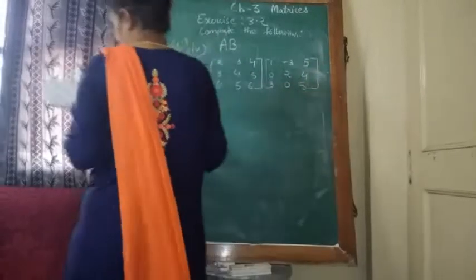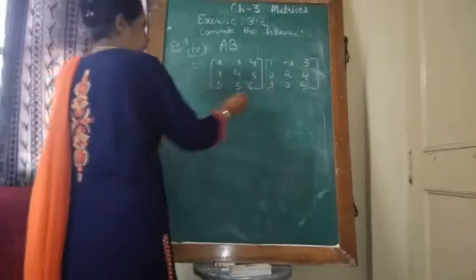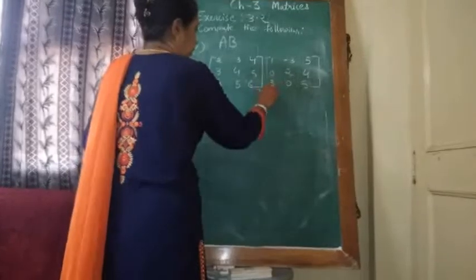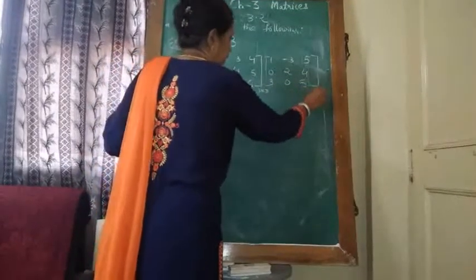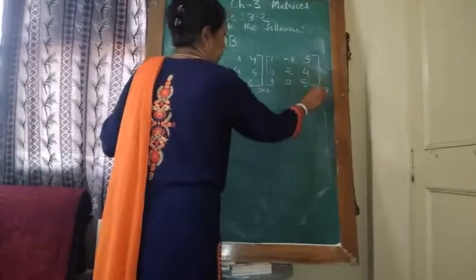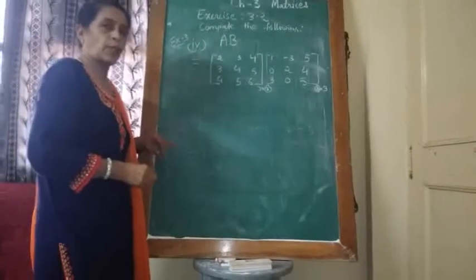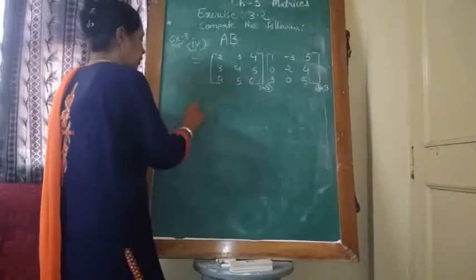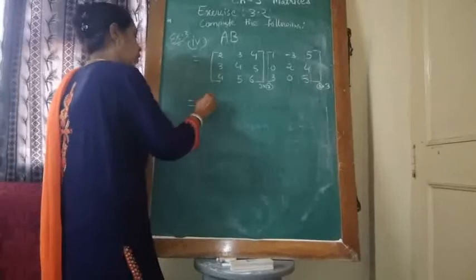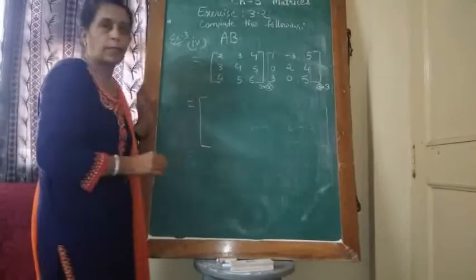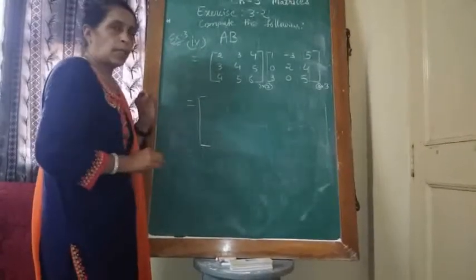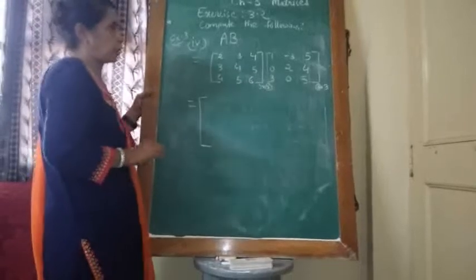The fourth matrix has the same order, 3 cross 3. So look, the number of columns of the first matrix and the number of rows of the second matrix are the same, and the output matrix is again a 3 cross 3 matrix. Okay, you have to do lots of practice for this product of two matrices, because if you make some mistake then you will lose the mark.